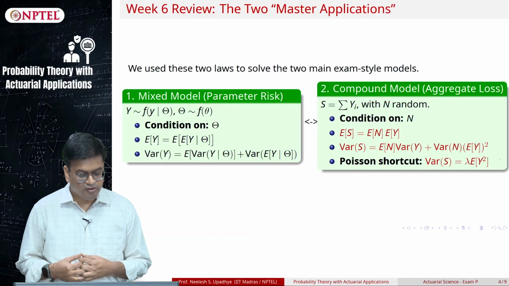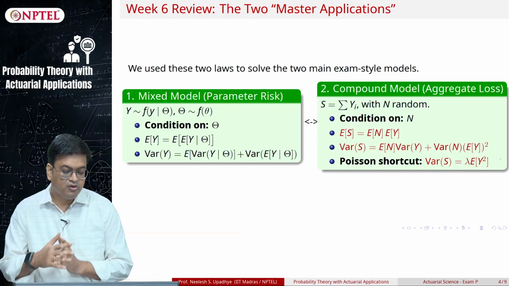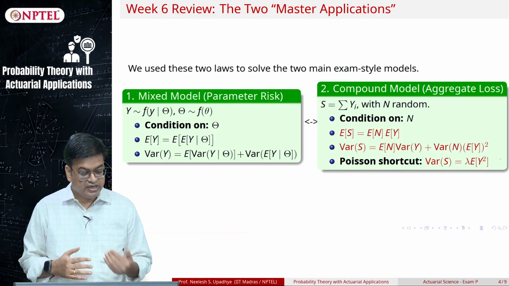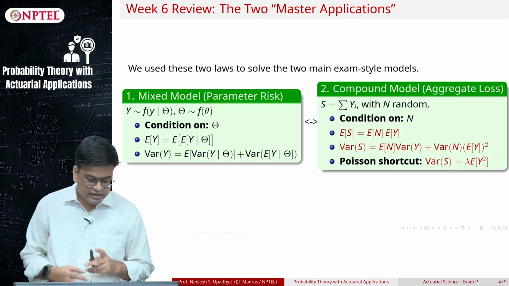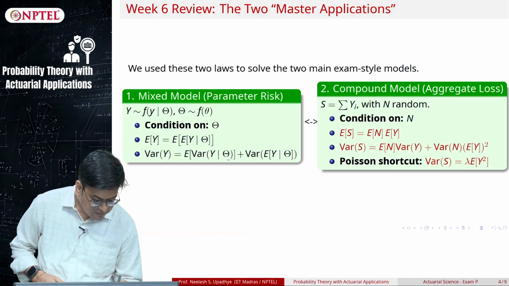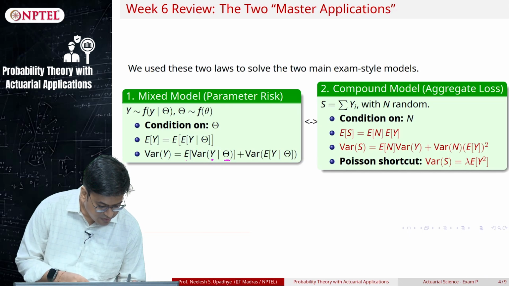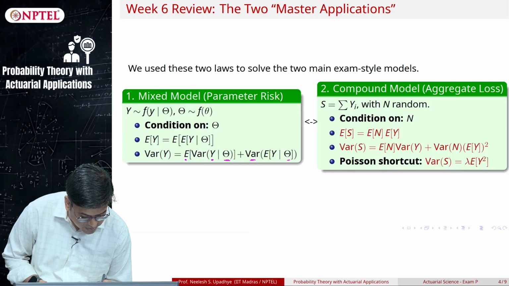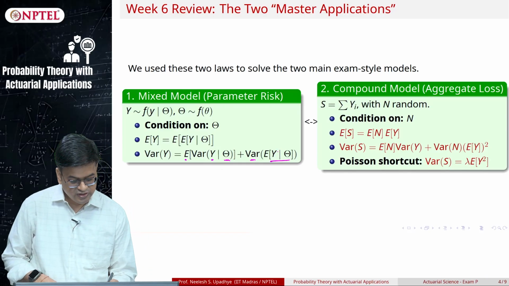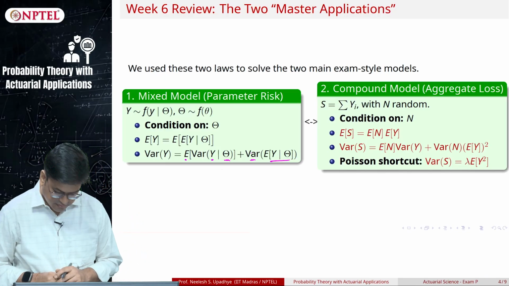Therefore the expected value of y is the expected value of the expected value of y given theta, and the variance of this will be, again I am simply applying these formulae, the variance of y given theta, which is among the groups, and you average it over, and then this is the variance between the groups, right. So we are actually finding averages, and then we are computing their own variance.